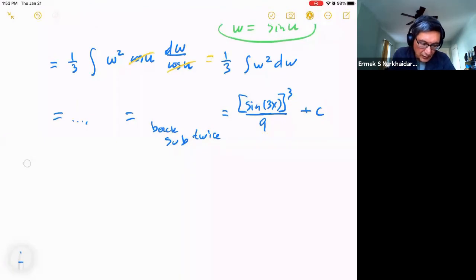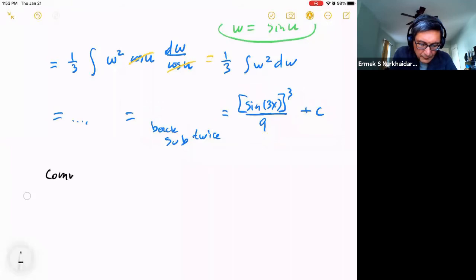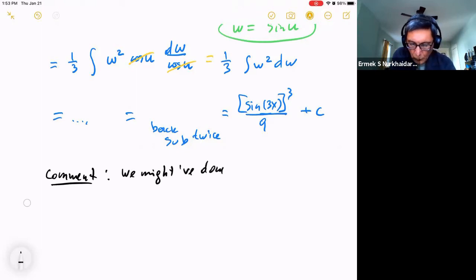And I guess a comment here which I want to make. We didn't have to do the two substitutions. We might have done the whole problem at once. If we did, we might have done one substitution, u equals sine of 3x.